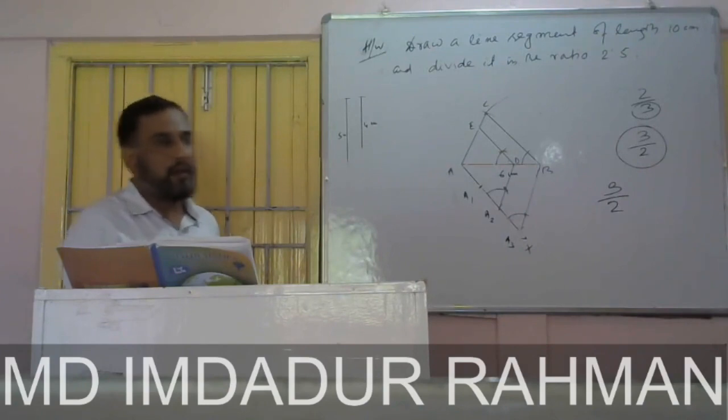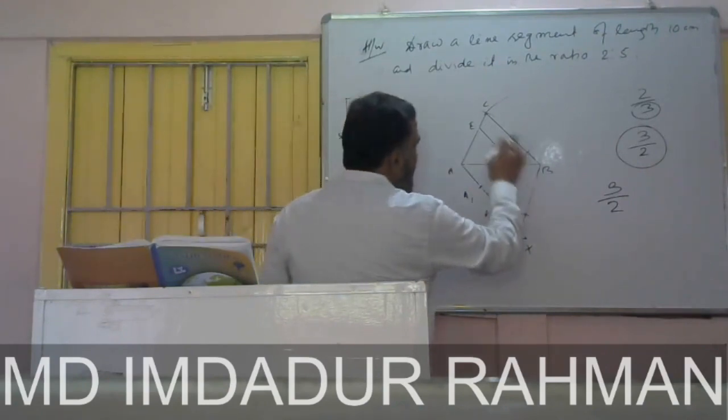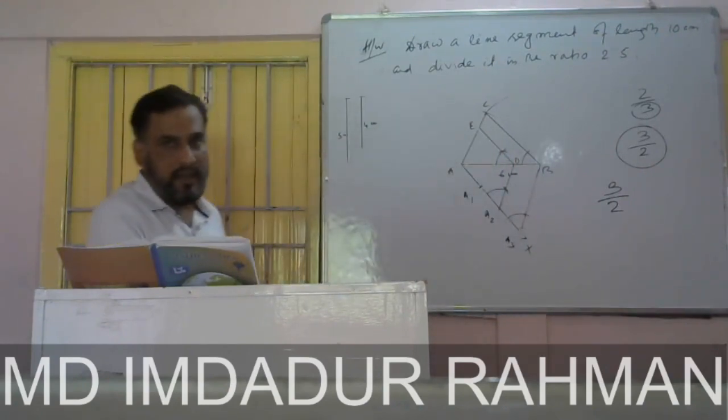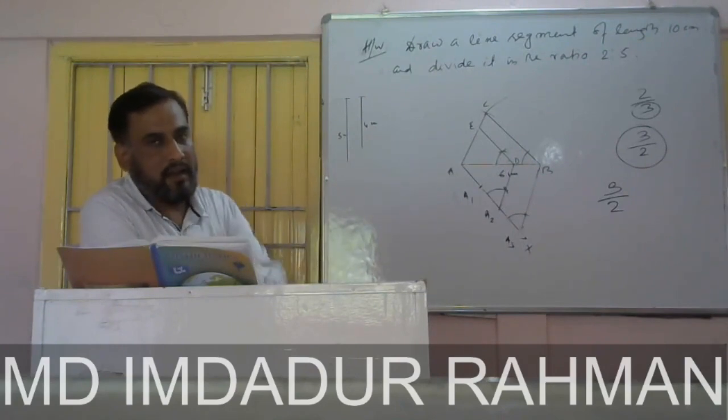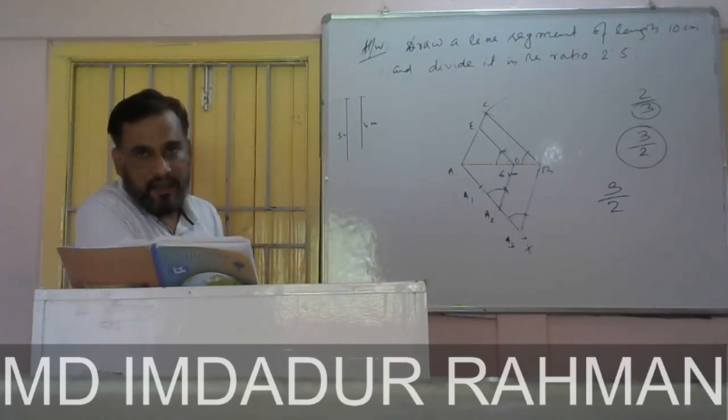Now the new triangle formed is ADE, which is 2/3 of the given triangle ABC.